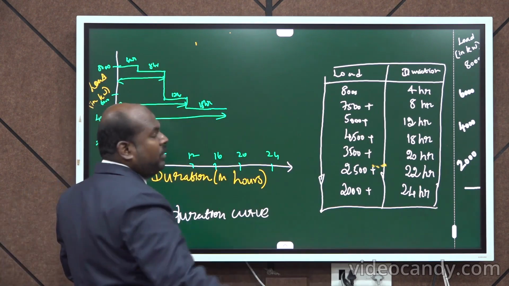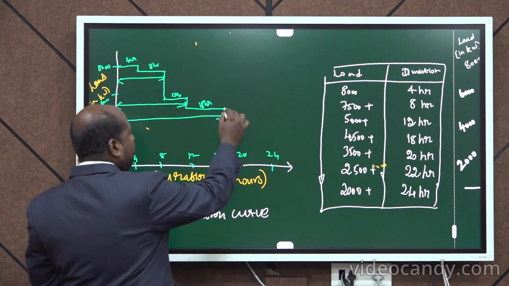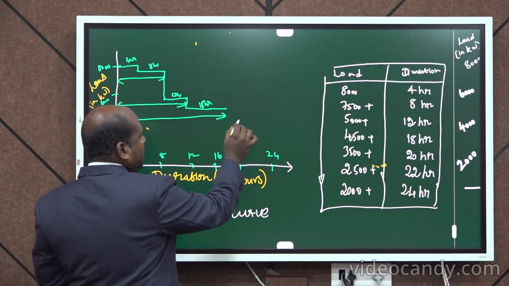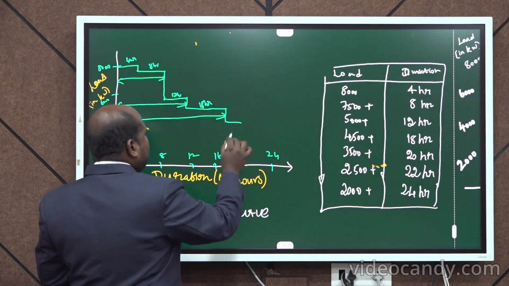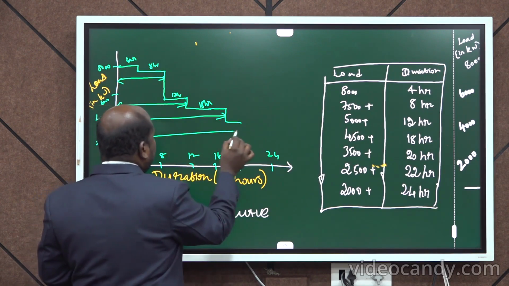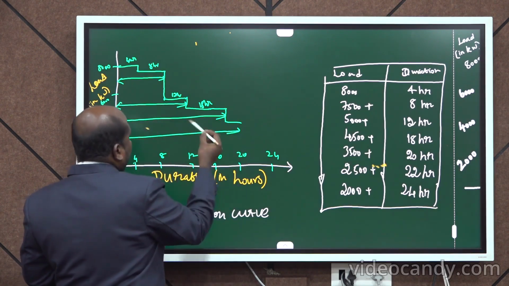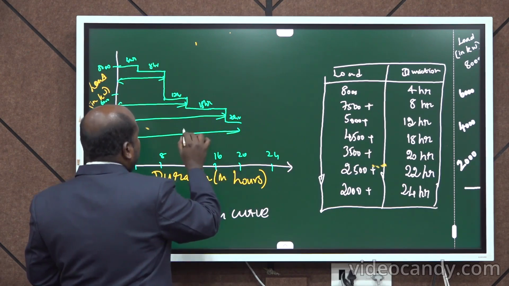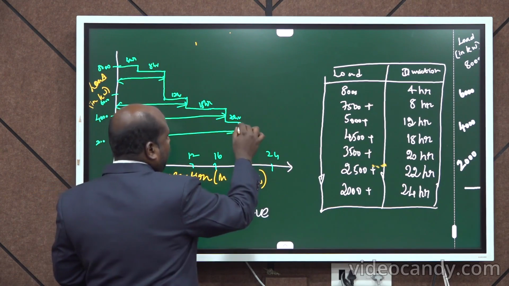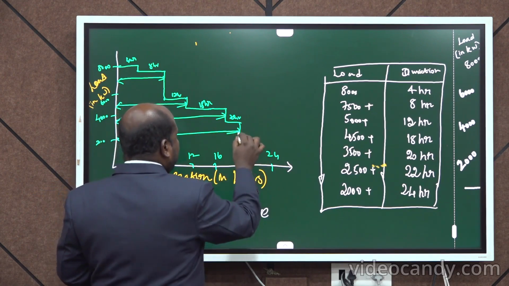So next I am going to have 20 hours. So 20 hour is 3500. If you want you can mark, or else you can leave, there is no need at all. So then I am going for the 22 hours.